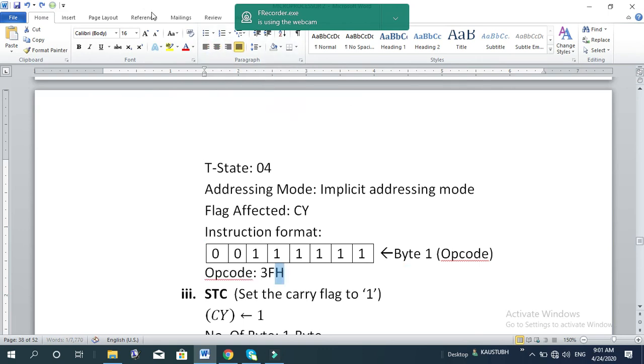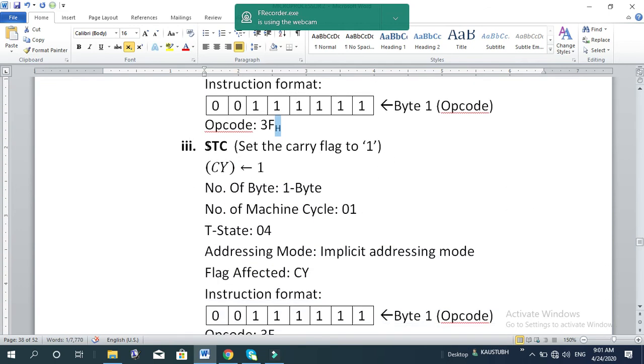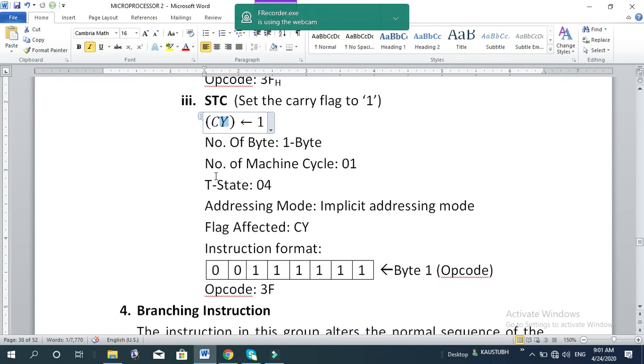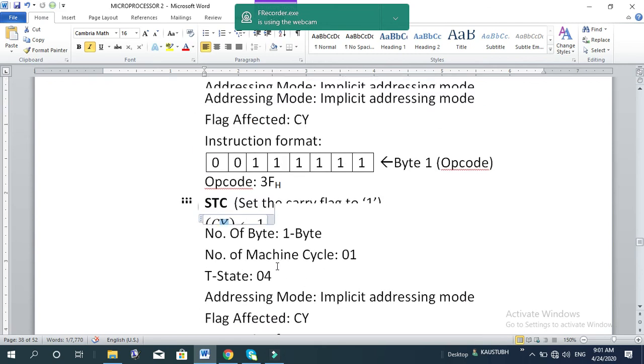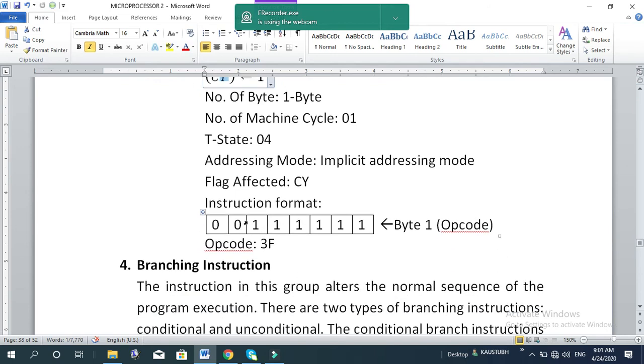It will make the carry flag forcefully 1. Now, if I would like to have the carry flag reset, that is 0, there is no such instruction directly to make the carry flag 0. So I will first make the carry flag 1 by using STC, then using CMC I will make the carry flag 0. So to make the carry flag 0, first STC, then CMC.